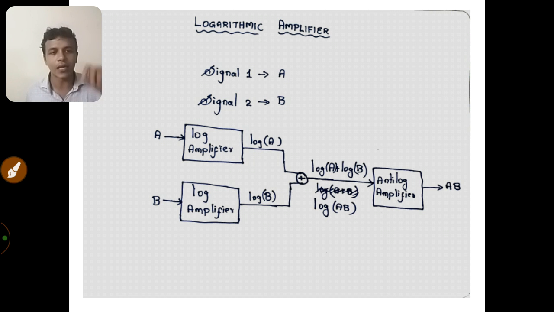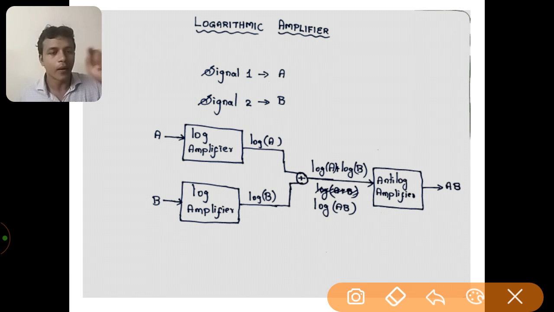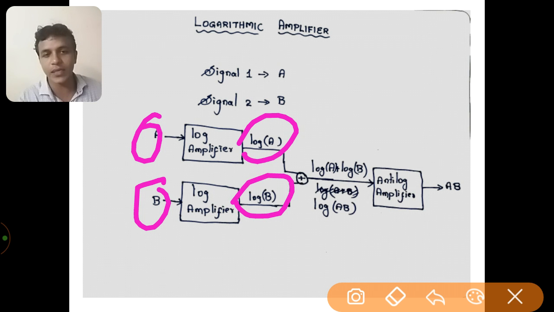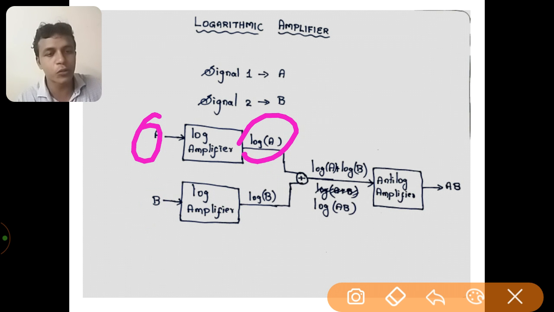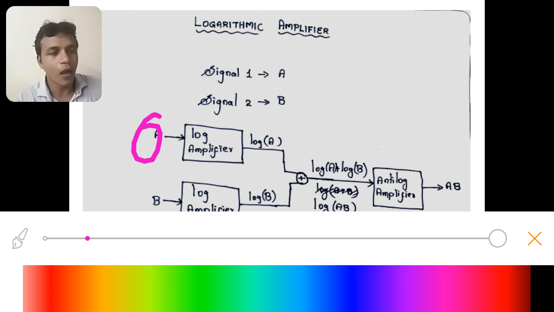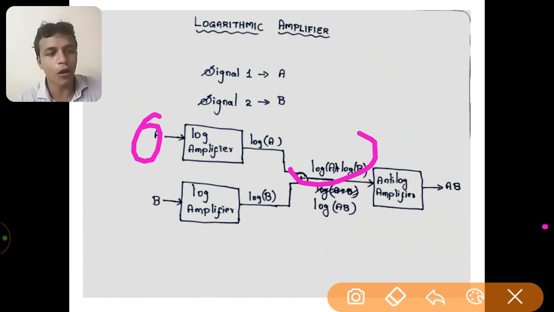Signal 1 is termed A and signal 2 is termed B. We are going to perform the product of signal A and B. For that, first we send signal A to a logarithmic amplifier, and as the output we get log A. Similarly we send signal B to another logarithmic amplifier, and there we get the output log B. We add these two signals using a summing circuit, a summer, so the output will be log A plus log B.